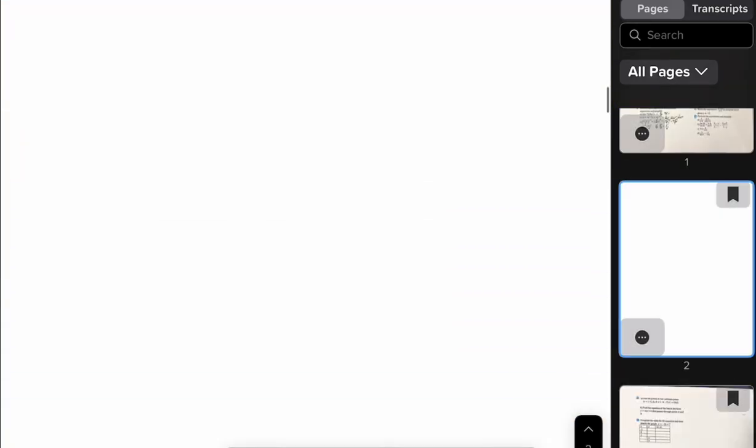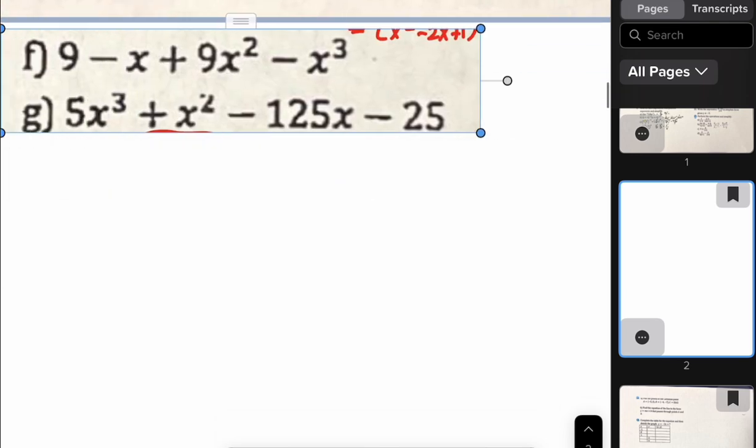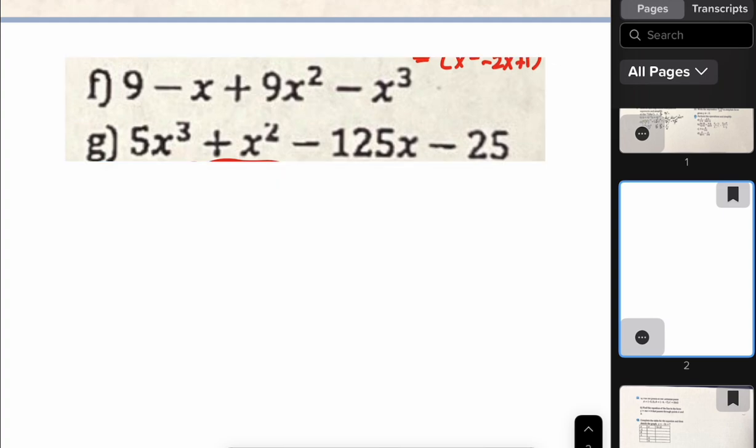Let's talk about my factoring little template I told you about. I told you, always look for a greatest common factor. Once we do that, count how many terms it is. For F, there is no greatest common factor. It is not in descending order.